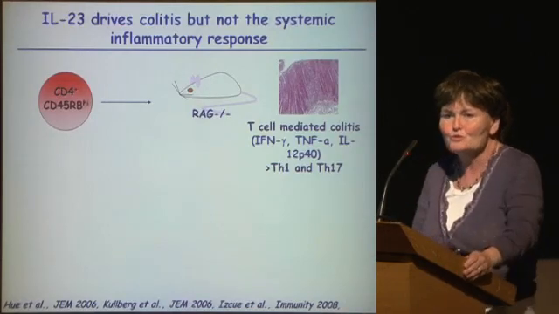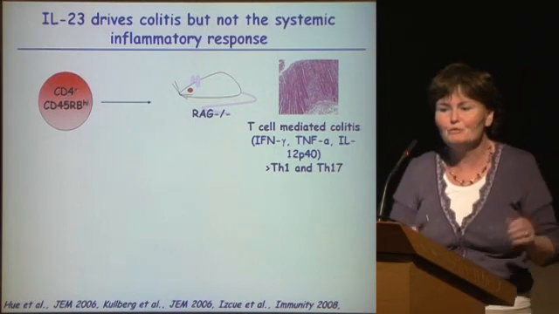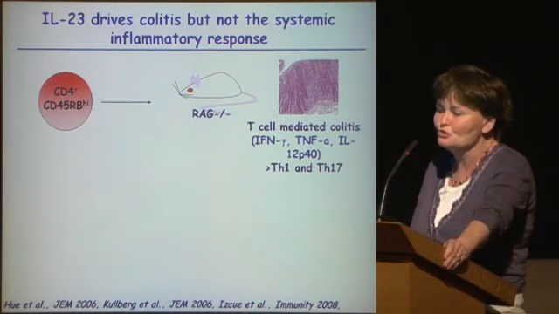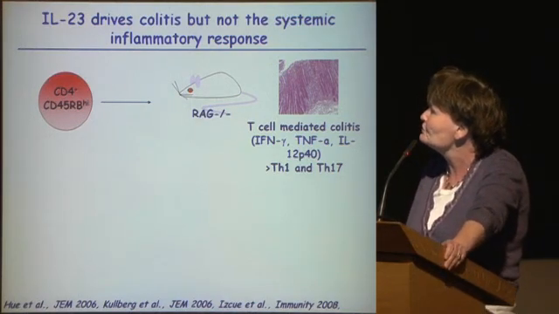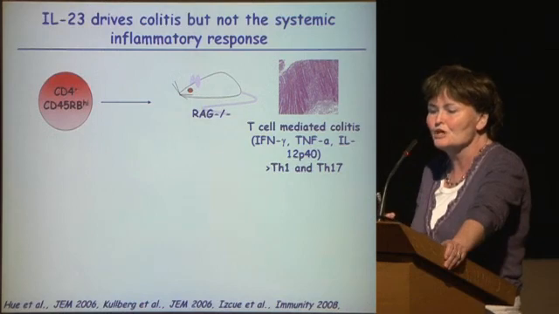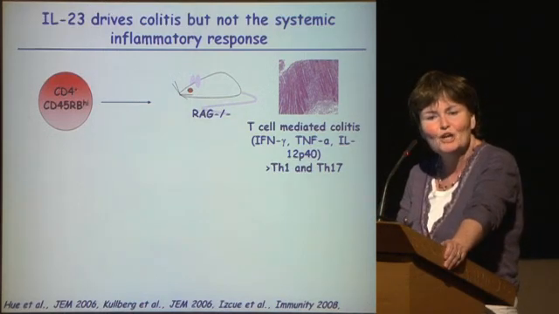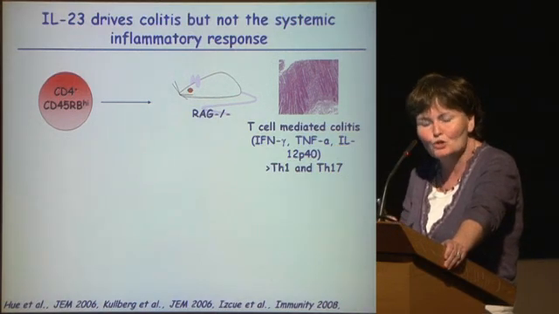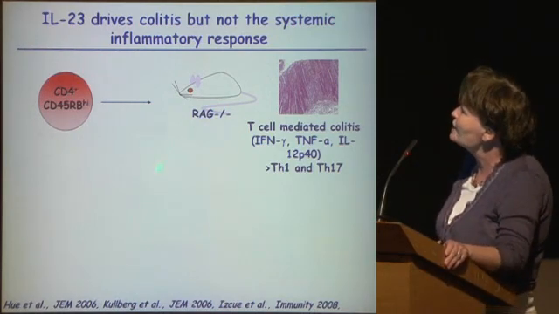So over some years now, we have been interested in elaborating the role of IL-23 in intestinal inflammation, and our first evidence in collaboration with Dan Littman some years ago was to ask the question whether it was IL-23 or IL-12, the related cytokine, that was required for the development of chronic intestinal inflammation in the T-cell transfer model.